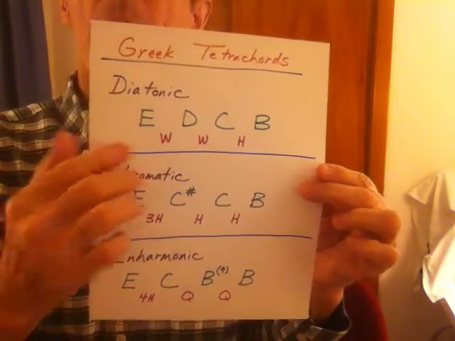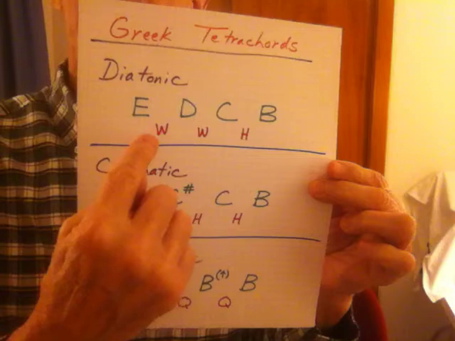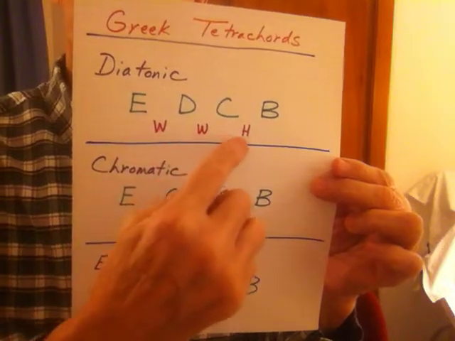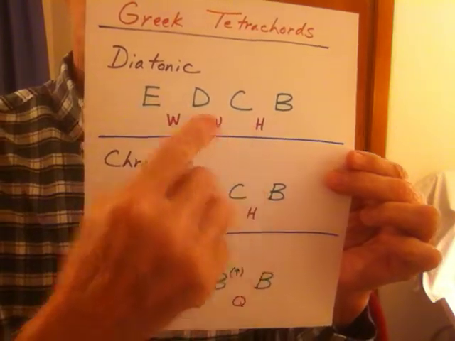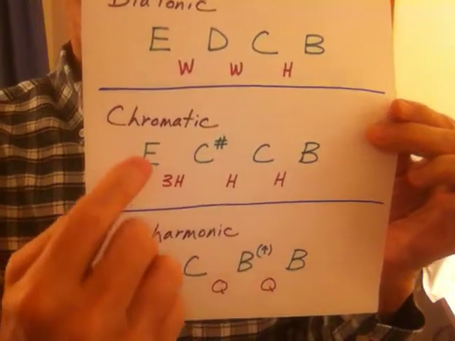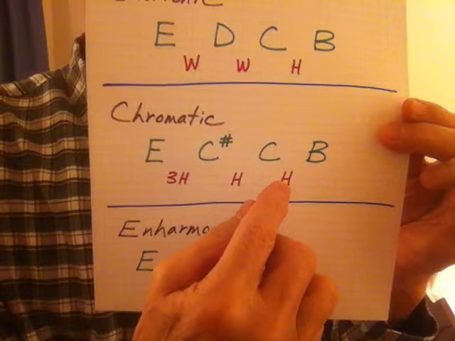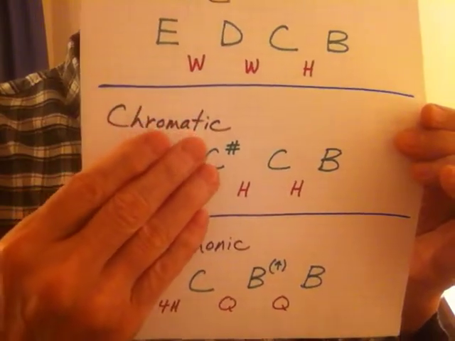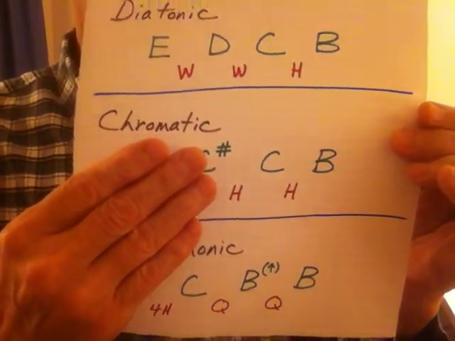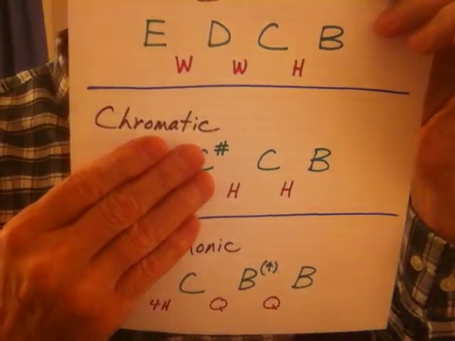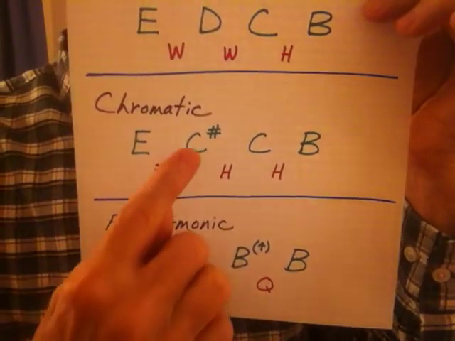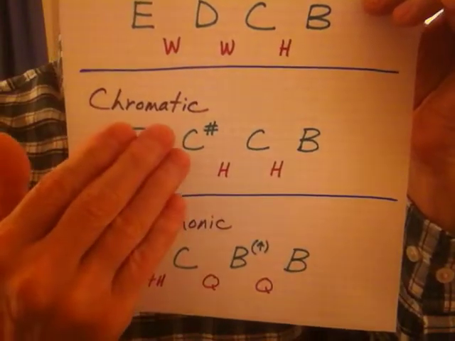The diatonic basically features whole and half steps in that tetrachord. The chromatic has this 3 half-step interval and then 2 half steps, and those 2 half steps actually are true chromatic. In other words, in the modern chromatic scale, each tone will move up 1 half step. So that's the chromatic element.